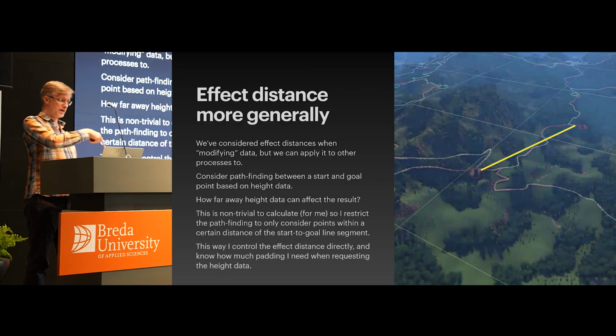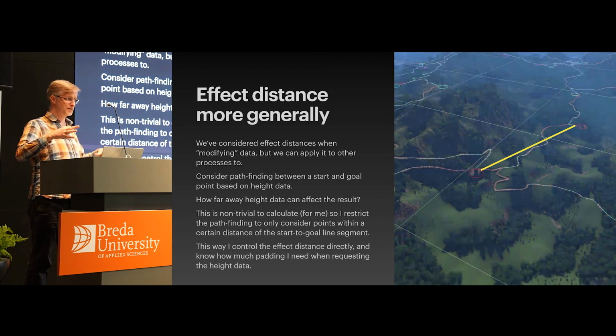But instead, I just restrict the pathfinding algorithm to only consider points within a certain distance from the line segment between the start and the goal point. So I define my own effect distance, and then I know I only need to request the height data with enough padding to allow for that distance from the line segment.